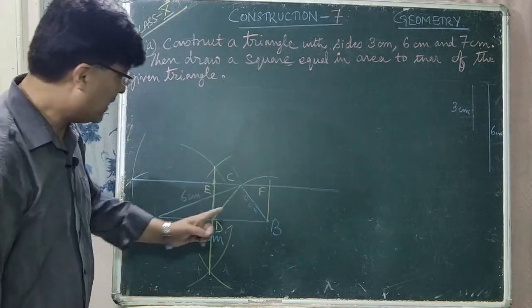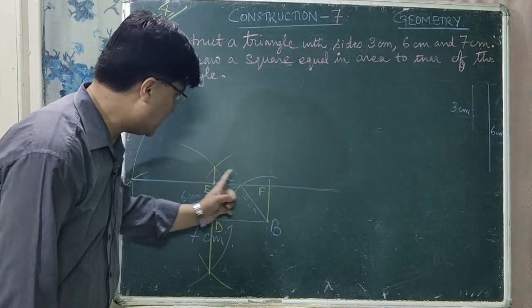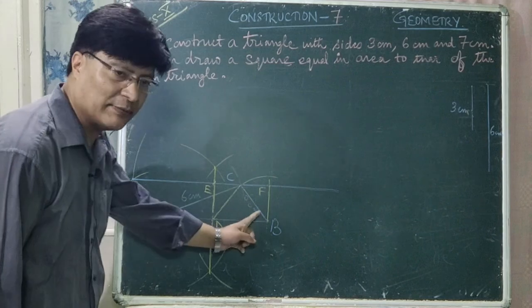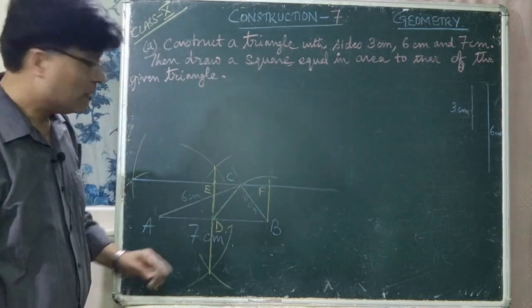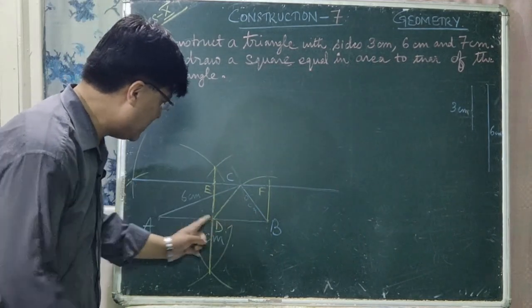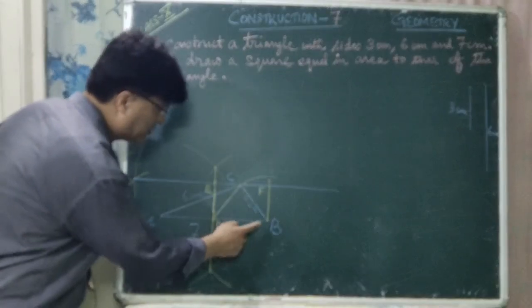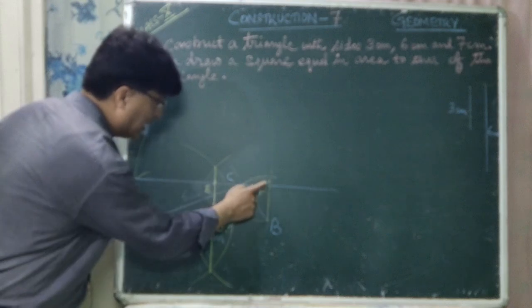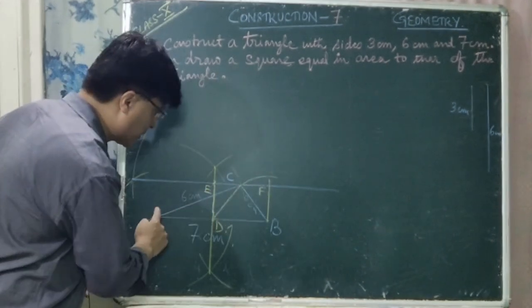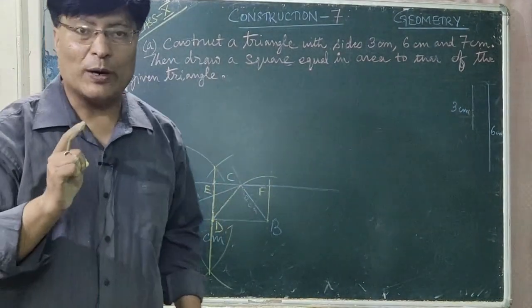Now we have drawn a rectangle BDEF. The area of the rectangle BDEF is equal to the area of this given triangle, that is ABC. Now what will you do?